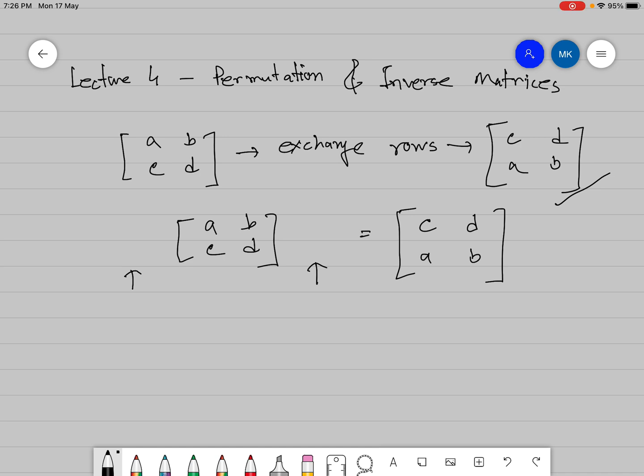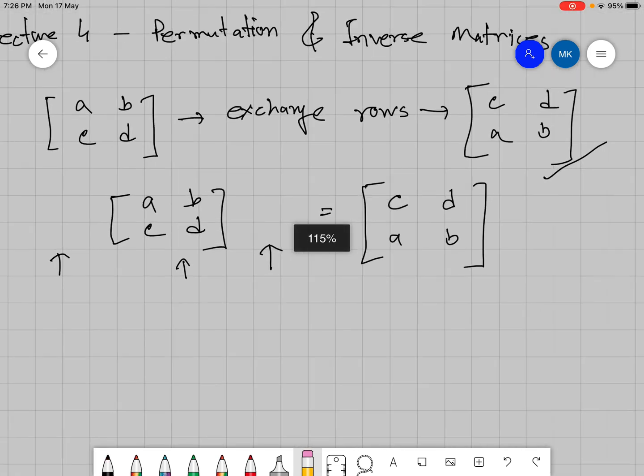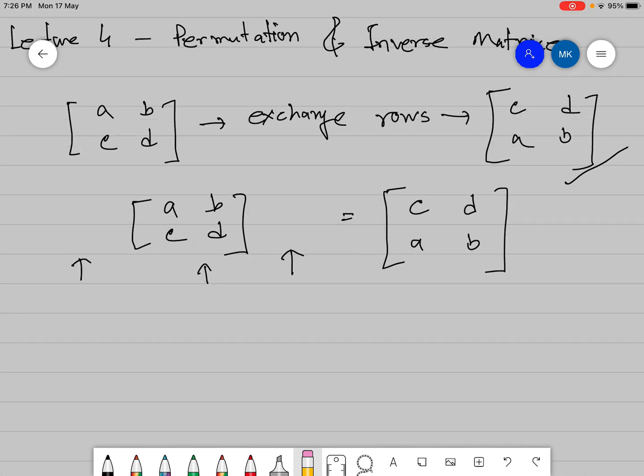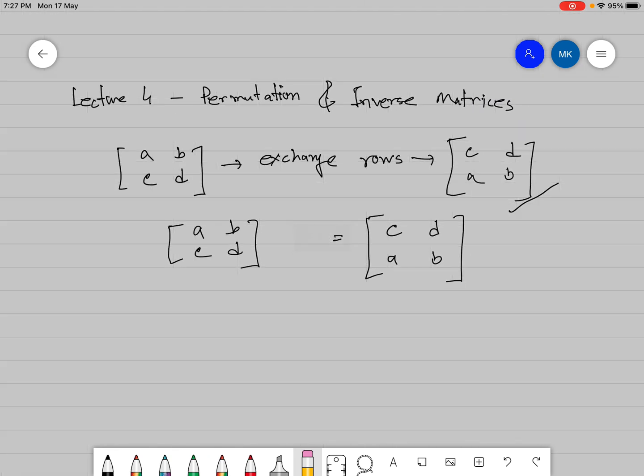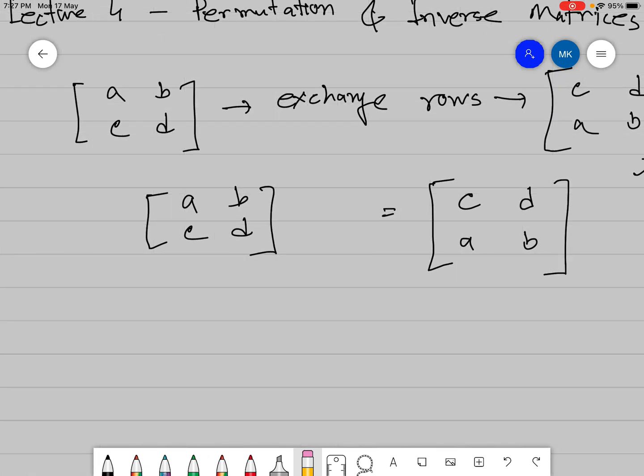And if you want to do some column operation, the multiplicand should be at the right side, right? So if you have forgotten this concept, please refer to the previous lecture.